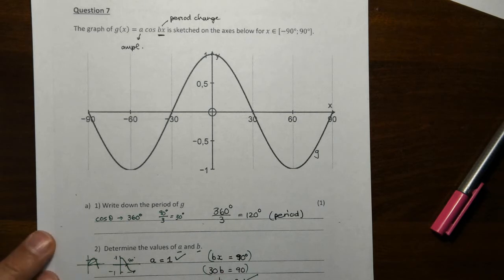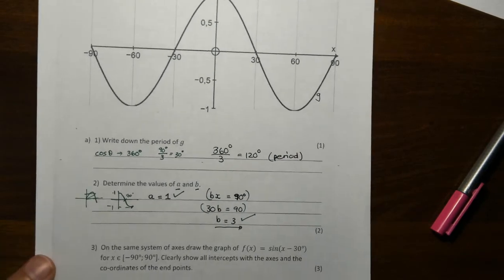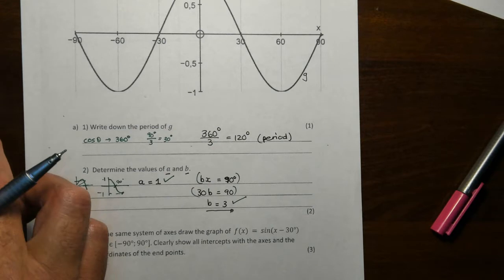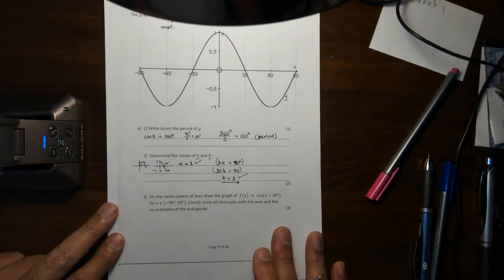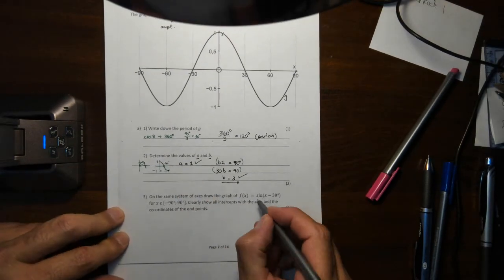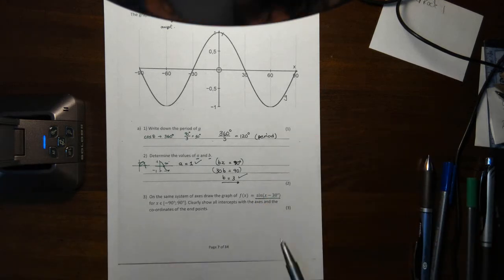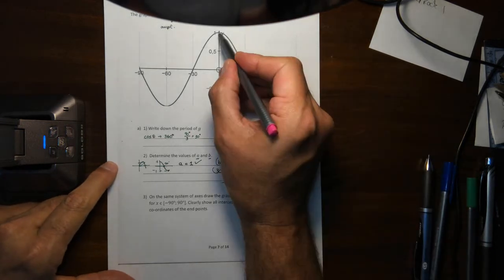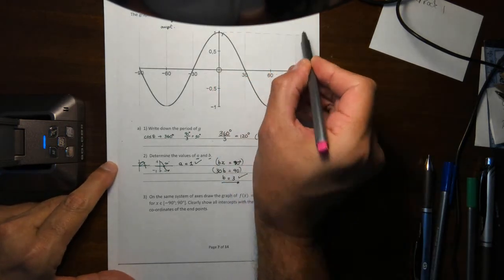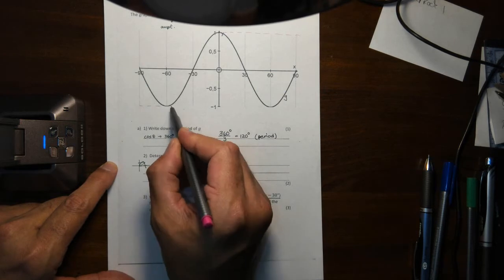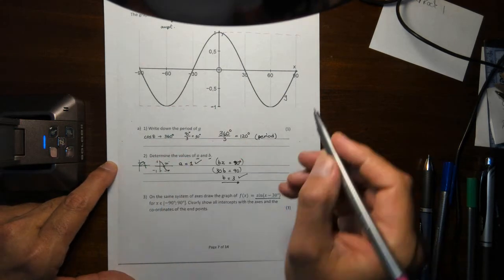Now the last part of this question is asking us, let me just zoom out here, to sketch this function on the same set of axes. Now we're going to start by sketching the mother curve for sine. I'm just going to draw dotted lines here so my pen doesn't go skew.